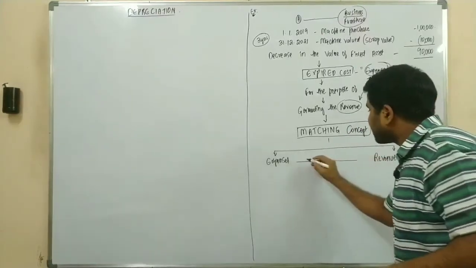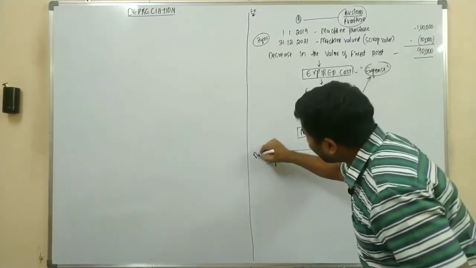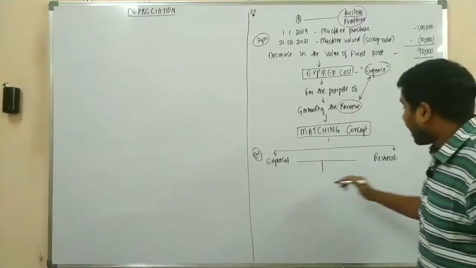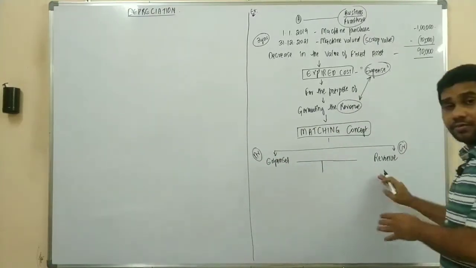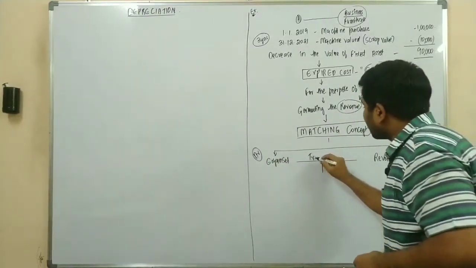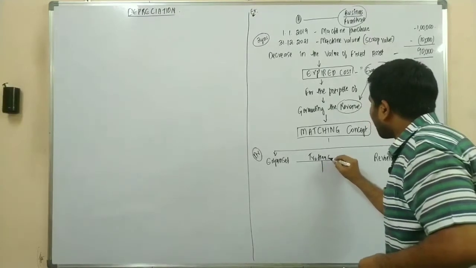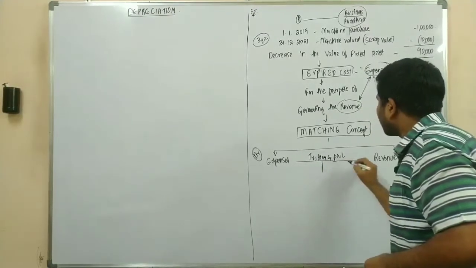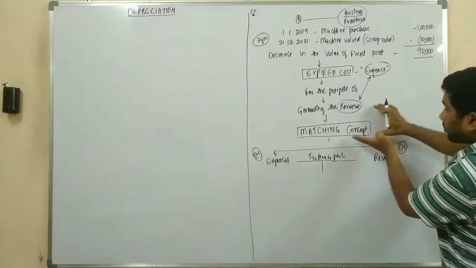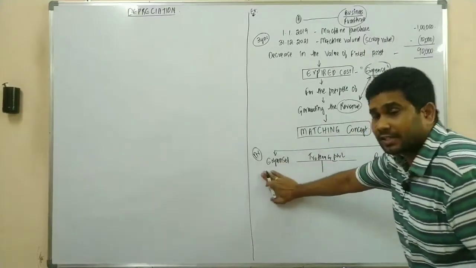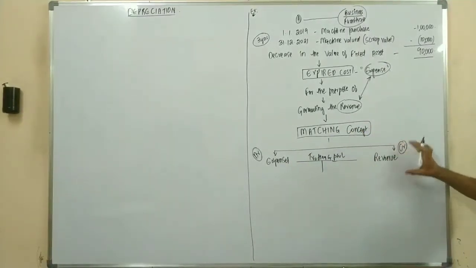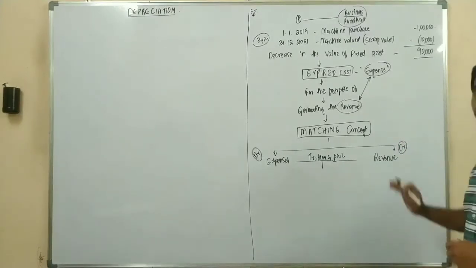That is the reason we are debiting our expenses and crediting our incomes or revenues in our trading and P&L account. Yes or no? Because of this matching concept only, we are debiting our expenses and crediting our revenues in the trading and P&L account.